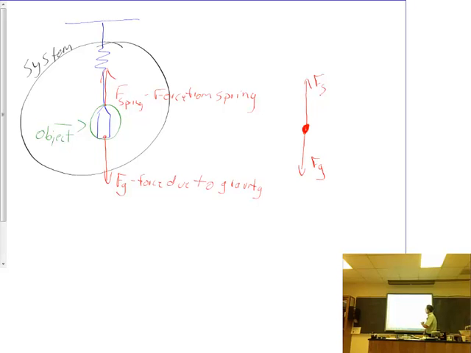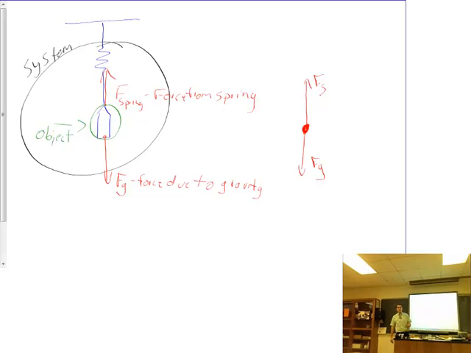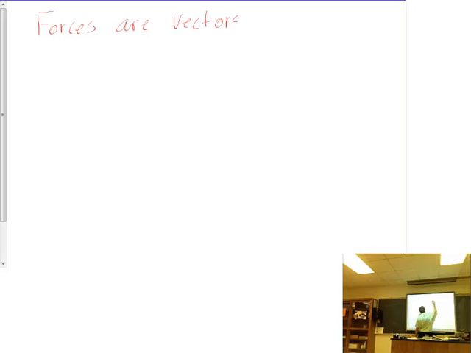Now, you'll notice I drew the forces as arrows. The reason I draw the forces as arrows is because forces are vectors. Okay? And remember, a vector includes both magnitude and direction. All right.